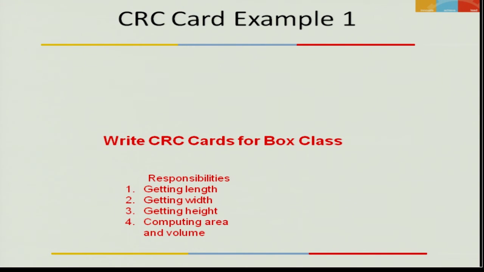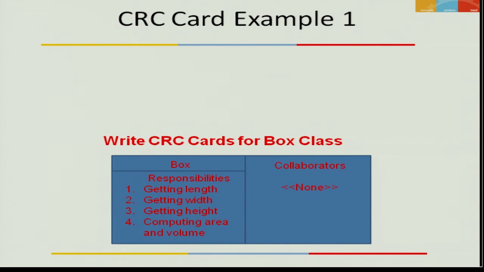So one exercise could be that you could try create a CRC card for a box class where the responsibilities would be getting the length, getting the width, getting the height, and then compute the area and volume. You could write it like this, that this is the box having responsibilities length, width, height, and computing area and volume.